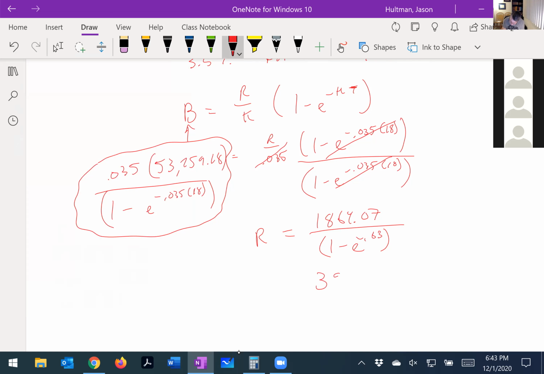So $3,988.10 would have been our deposits on that income stream. The income stream would be that amount per year.